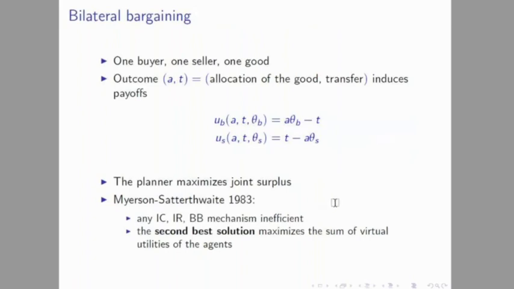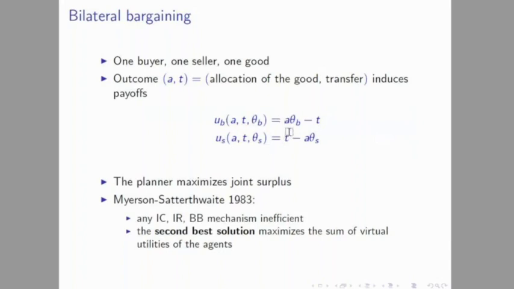Now, the final point that I want to make is the application to the bilateral bargaining situation. Let me put a little flesh on the bones of the bargaining situation. As we discussed earlier, there is the buyer and the seller.